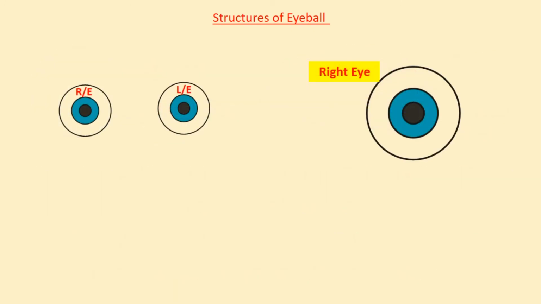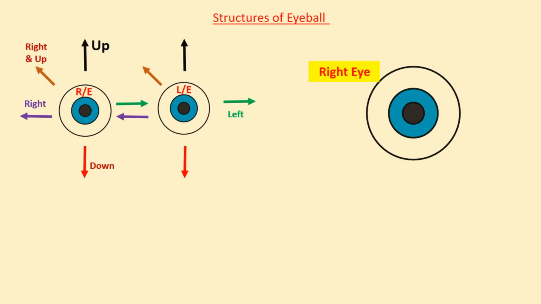When we look at someone's eyes, without eyelids, the eyes may appear like this. We move our eyes in different directions, such as looking up, down, right side, left side, right and up, left and up, right and down, left and down. All these eye movements are possible because of 6 muscles that are attached to the eyeball.